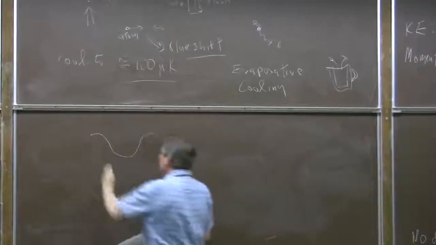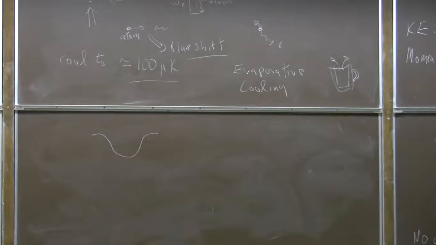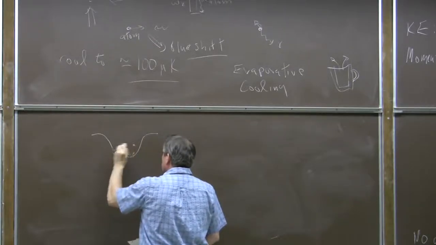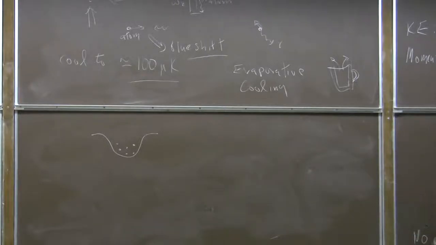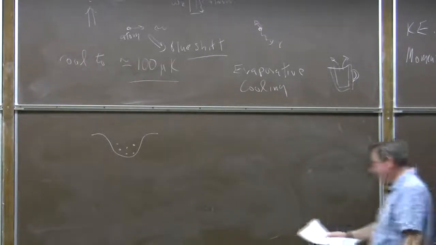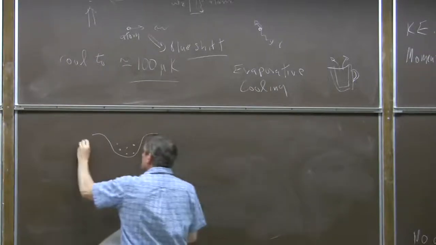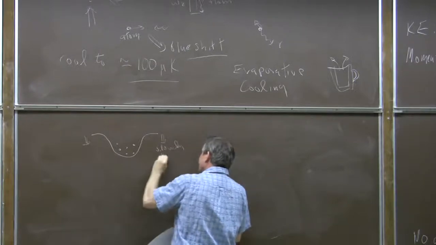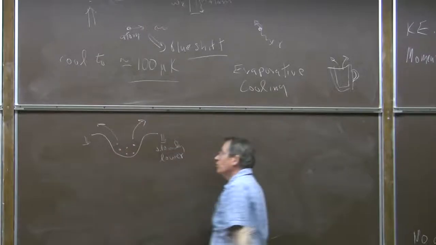We have a trap. At the bottom it's roughly harmonic, but then it has edges that are rounded off. There's a top of the trap. This is supposed to be now a potential energy diagram illustrating how the potential energy of the trap depends on position. This is the height of the trap in energy, but I can slowly lower it. And then some of the hottest atoms will escape from the trap.